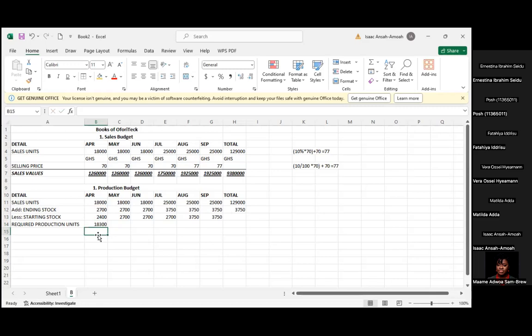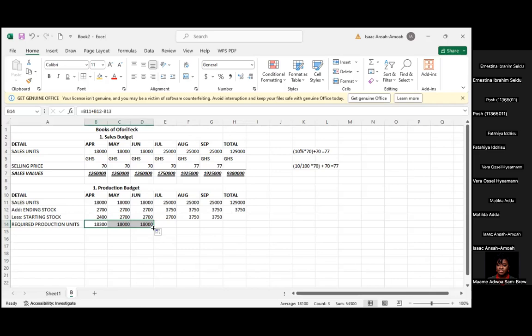If we come to May, we're going to get 18,000. So 18,000 plus 2,700 minus 2,700 will give us 18,000. June, 18,000 plus 2,700 minus 2,700 will also give us 18,000.